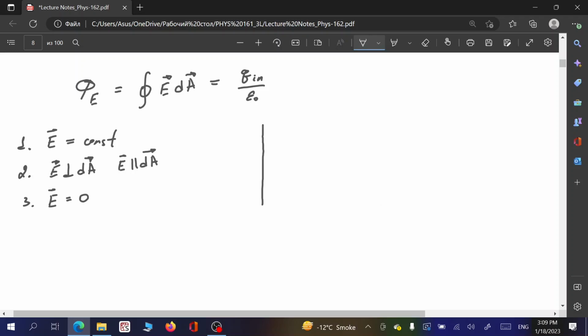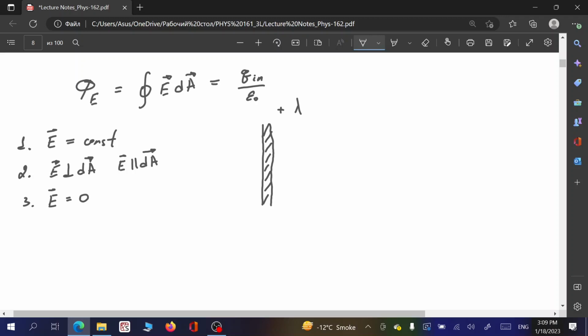So let's say this is our wire, which carries some positive charge with the linear density lambda. So that is a uniform linear distribution of positive charge along this wire.